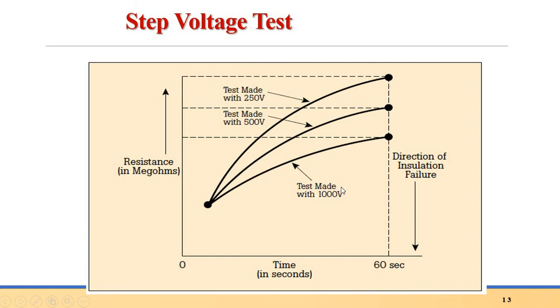When we do the test with 1000 volt, this resistance will drop down again. This is the characteristic of insulation resistance with the three different test voltages.